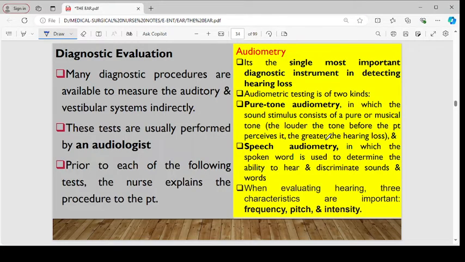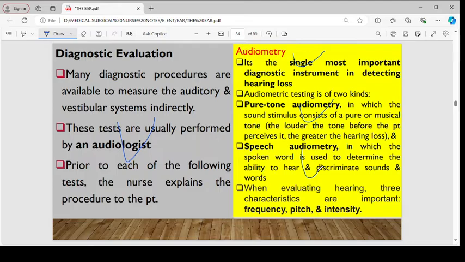What about the diagnostic evaluation? Well, most diagnostic procedures are available to measure the auditory and the vestibular systems indirectly. These tests are normally performed by an audiologist, and prior to these tests, the nurse has to explain the procedure to the patients. So we could have audiometry, which is the single most important diagnostic test in determining hearing loss. Auditory testing could be of two kinds. We could have pure tone audiometry or speech audiometry.